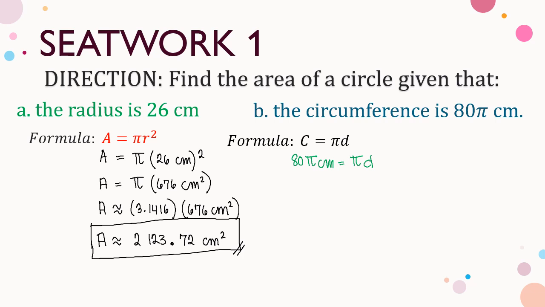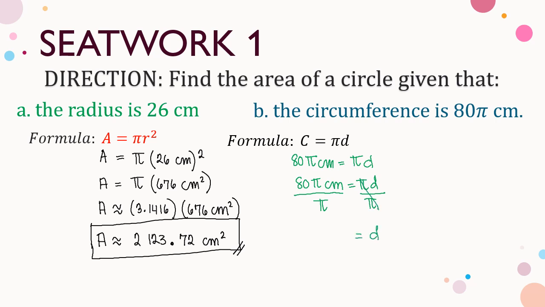So we can simplify it. Isolate first our pi. So divide both sides by pi.